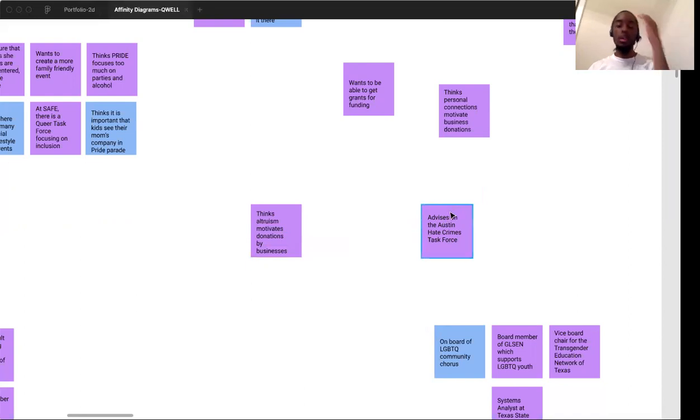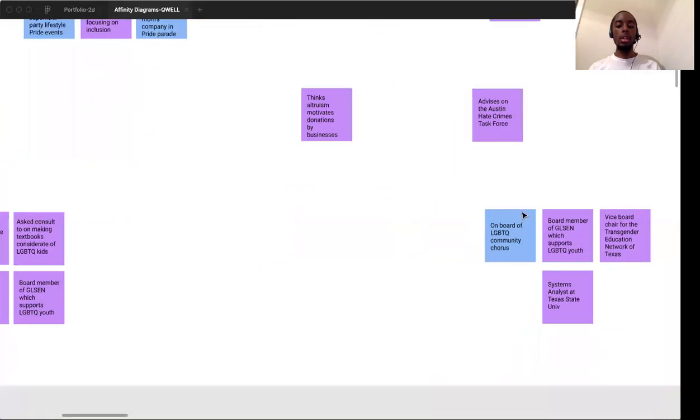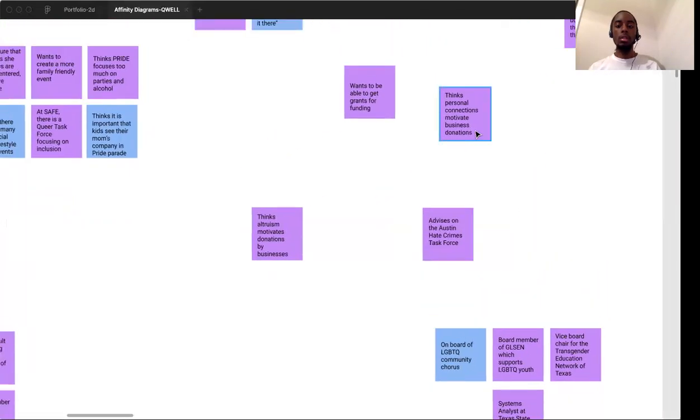Oh, this one reminds me of that interview I did where the person was talking about how they had to fight against violence, threats of violence. So they need safety precautions. Wherever that piece of data is, I'm not sure if it's on the board yet. Yeah, I still don't know.